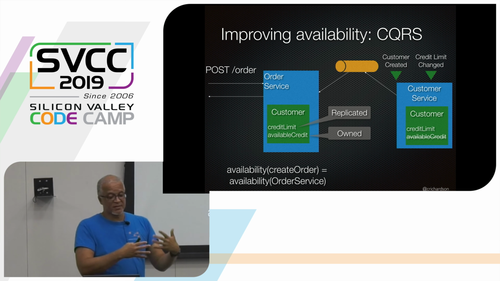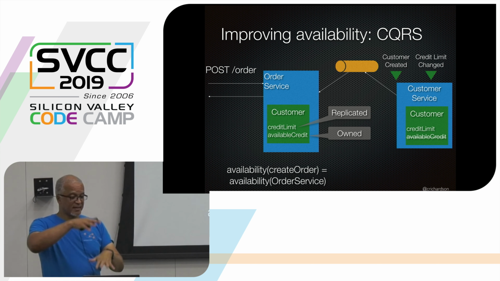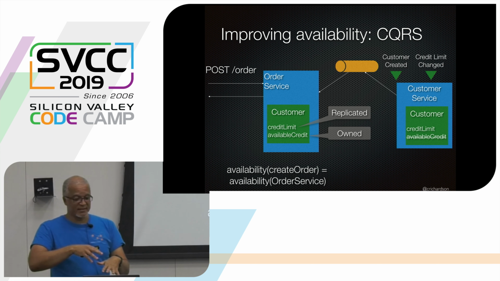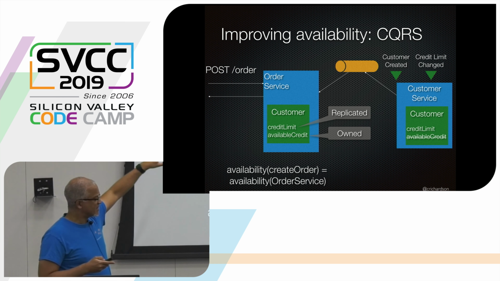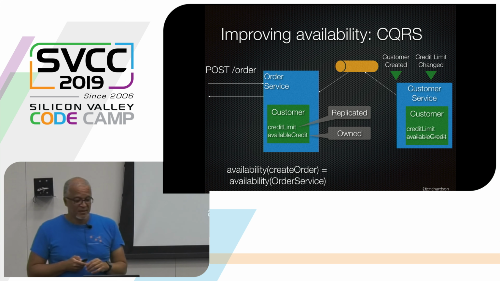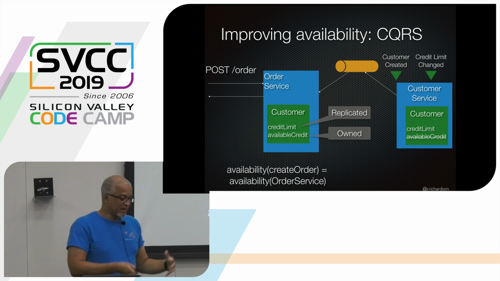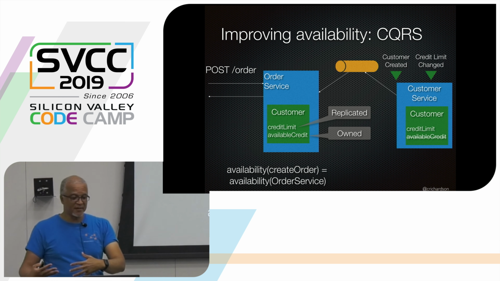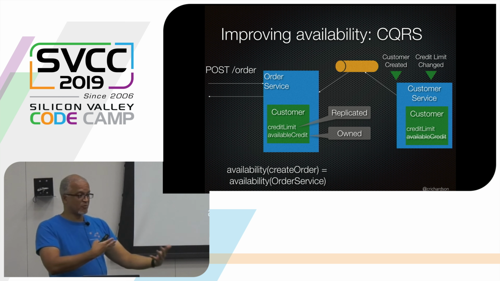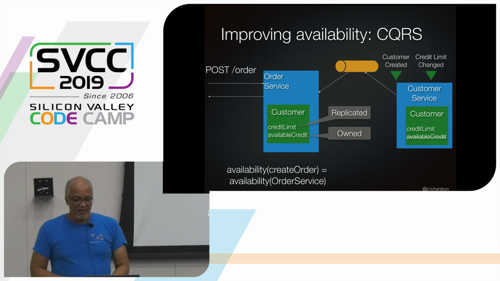So the order service knows what the credit limit is, and then it can calculate the available credit itself. And that's done using events, and this is the CQRS pattern. So it means that the order service has all of the data that it needs in its database to decide whether to approve or reject the order.